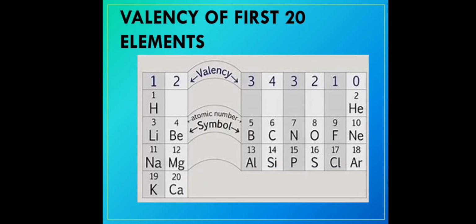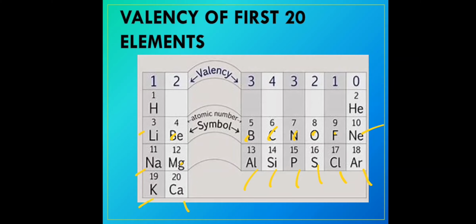Now, as I discussed earlier, the formula depends upon the valency. So it is important for us to learn the valency of the first 20 elements. First of all, we should know the elements in order: hydrogen, helium, lithium, beryllium, boron, carbon, nitrogen, oxygen, fluorine, neon, sodium, magnesium, aluminium, silicon, phosphorus, sulfur, chlorine, argon, potassium and calcium.